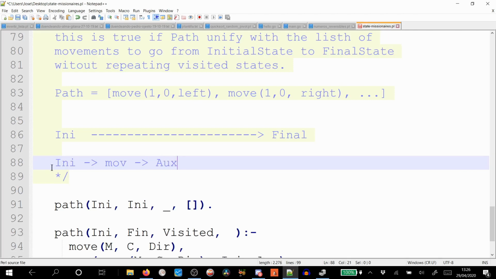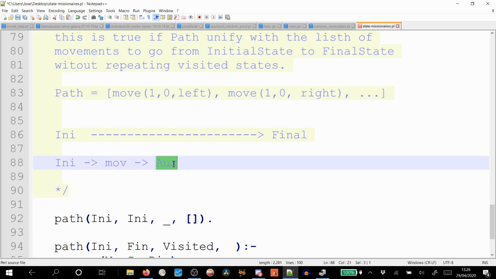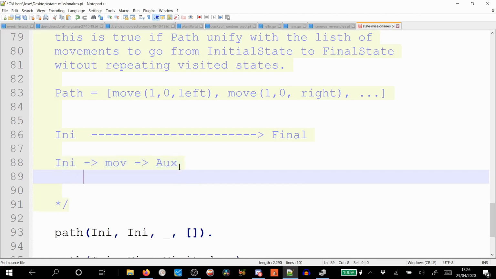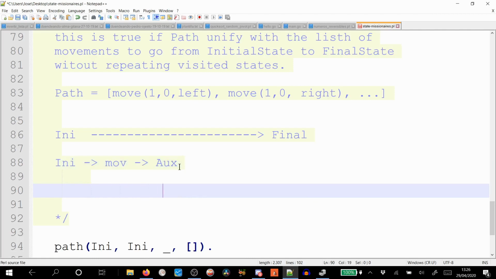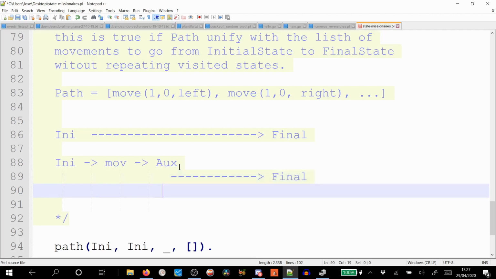Let's make a movement from this initial state to another state that we call aux, and then let's find a path from aux to the end, to the final.